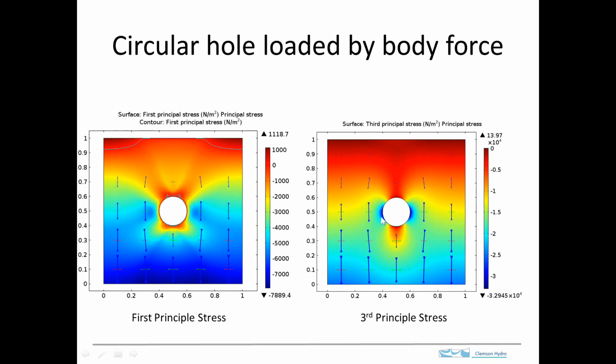Right here, this blue color is high compressive stress. That looks like the highest blue in the whole region, so that compressive stress is even higher than the compressive stress down here at the bottom of the model. And right here, this color is essentially zero.